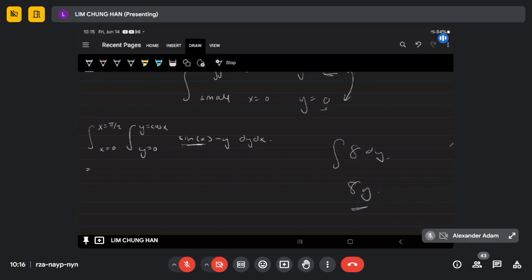Don't forget the x limits. Next, then I get sine x cos x and substitute, minus cos squared x divided by 2, and 0, 0, 0. Okay, that's it.